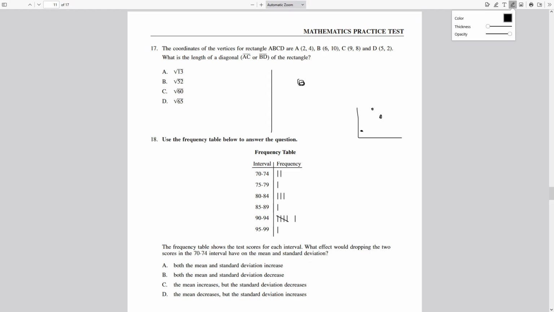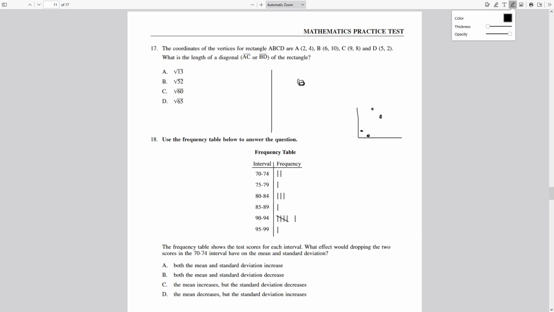I'm at 9, so let's go down 5. And then rise 2. Wait, can I even do that? Yes, I can. Go back 5, right here. Oh yeah, that looks like a rectangle, alright.